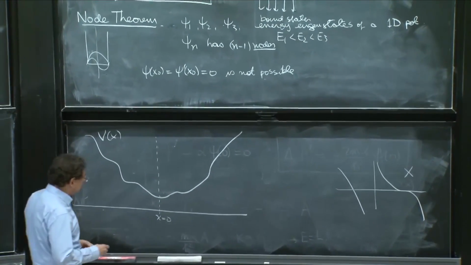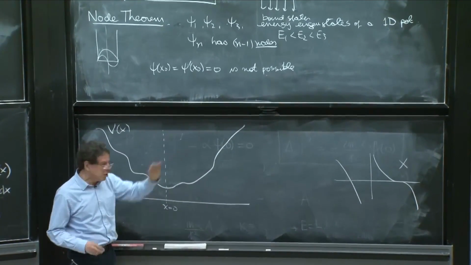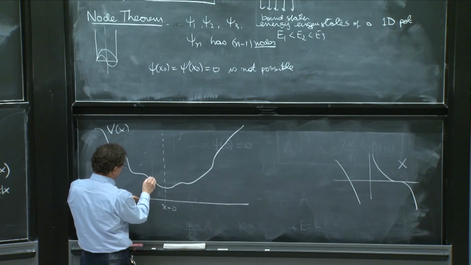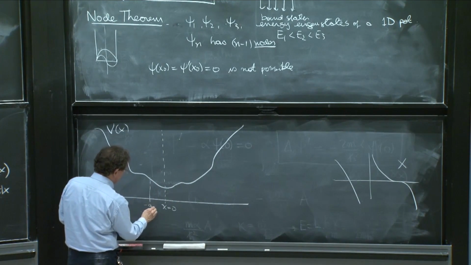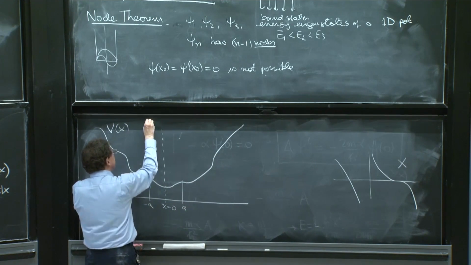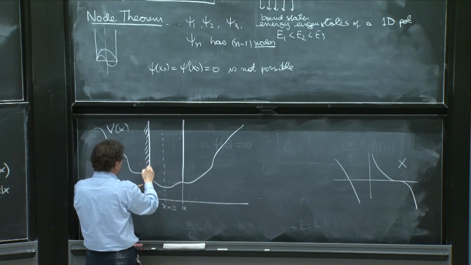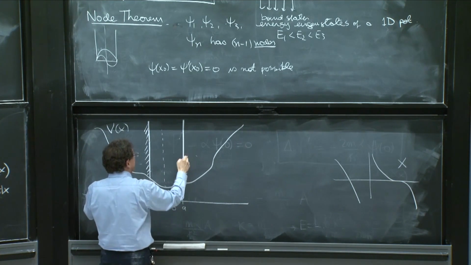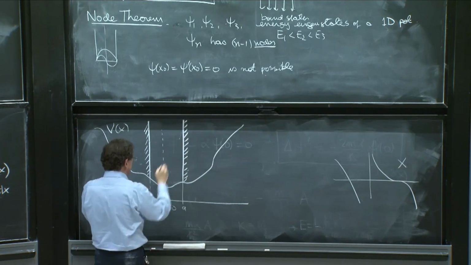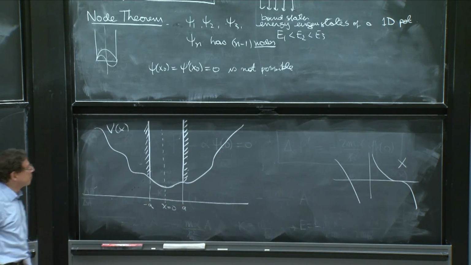So those two facts. And now let's do the following. Let's invent a new potential. Not this potential, but a new one that I'll mark with the point minus a here and the point a here, and invent a new potential that is infinite here, infinite there, and has this part right there.